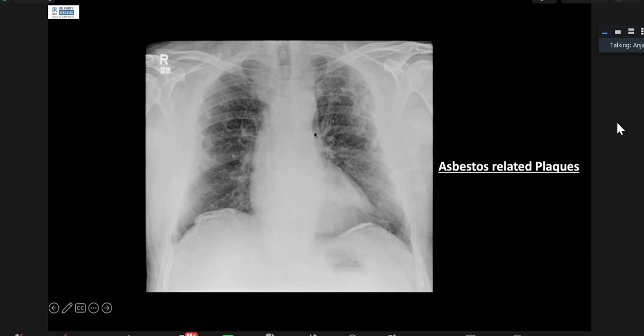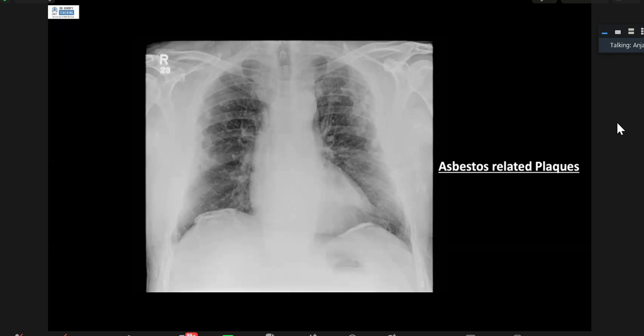So you will see well-defined, geographic map-like or amoeba-shaped irregular calcific opacities overlying the hemithoraces, because these are over the costal pleura. You will also see clearly calcified plaques overlying the diaphragm. Once you see this, you are inferring that the patient has had previous exposure to asbestos. Now, having pleural plaques does not mean that you have a disease.